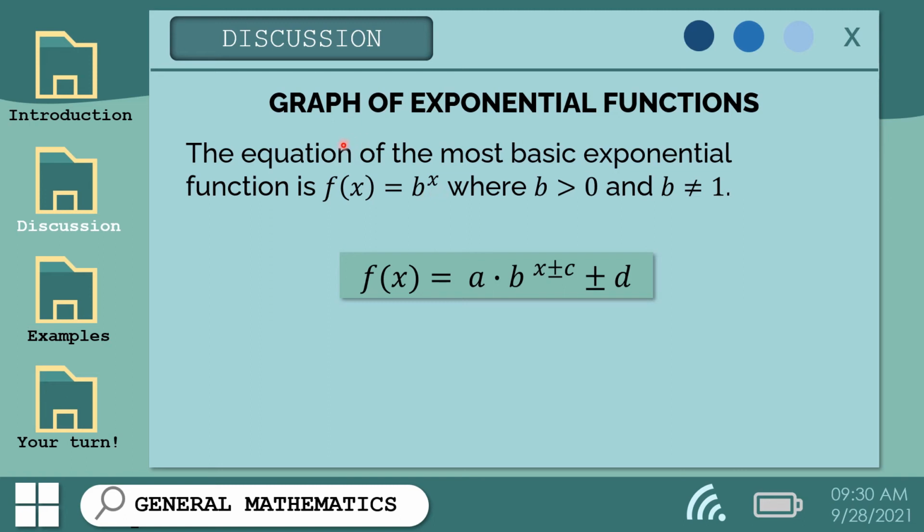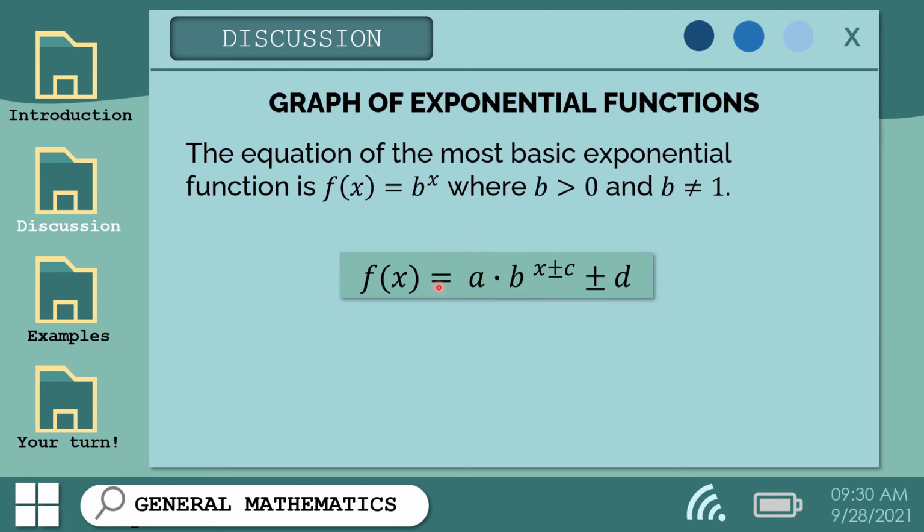Natatransform din itong ating basic function to a different form. At yun po ay in this form. So, ganyan na siya. Na kung saan meron na tayong real number that is subtracted or added to our exponential function.